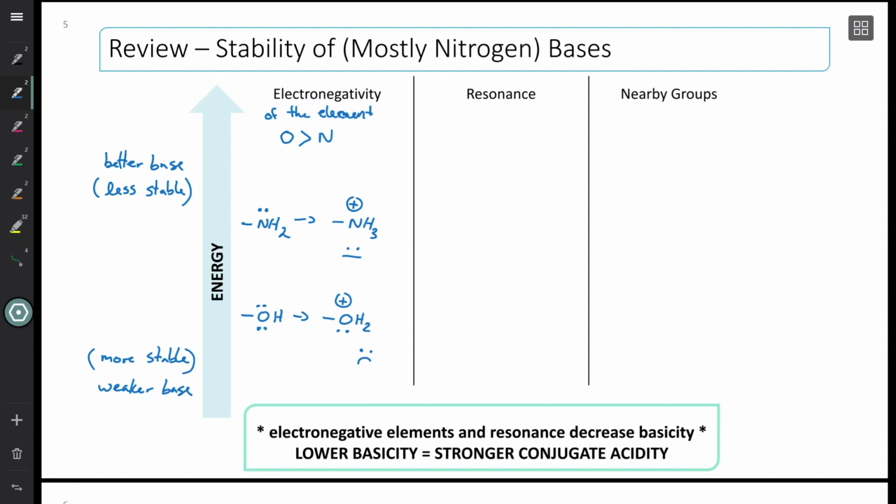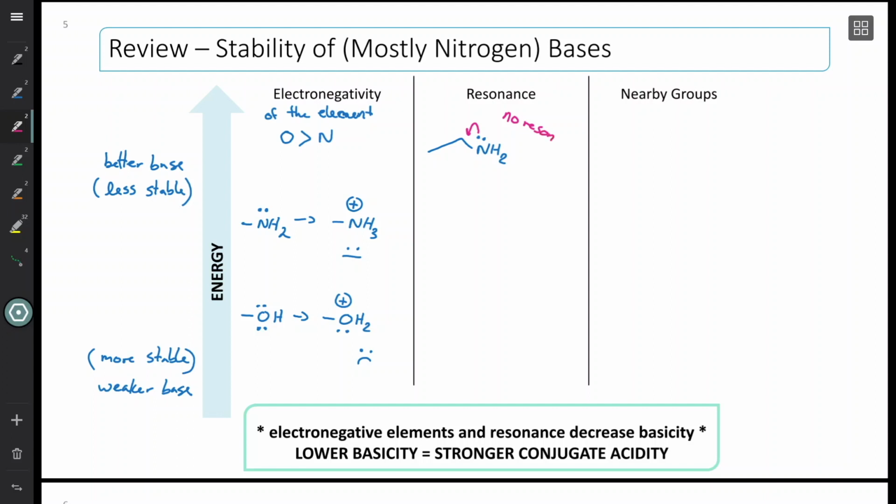All right, another big factor is going to be resonance. So again, in this case, you don't want to stabilize that lone pair, right? The lone pair is how it's going to be a good base. So here's NH2 on just an alkyl, and it has no resonance.